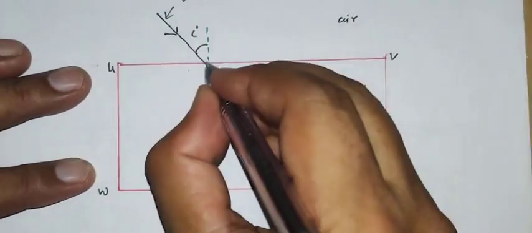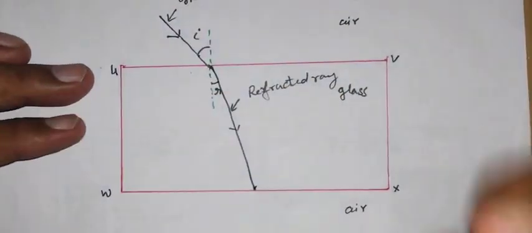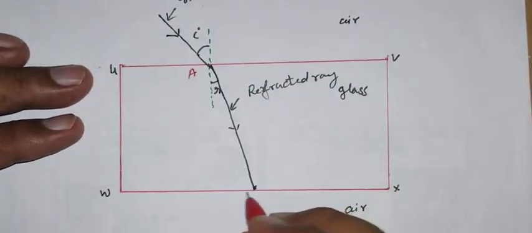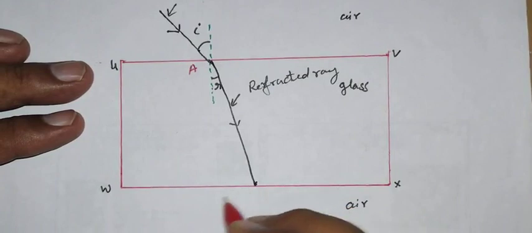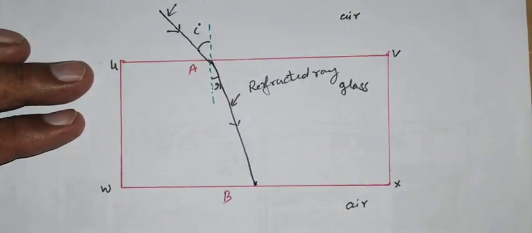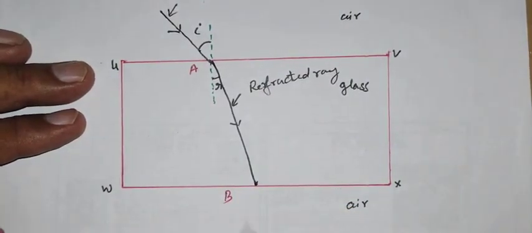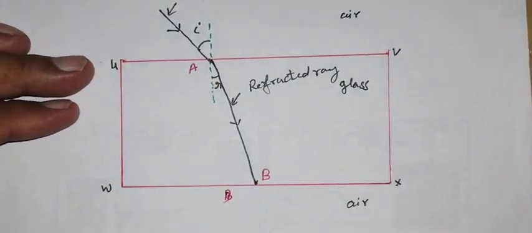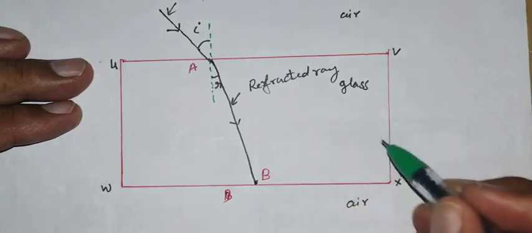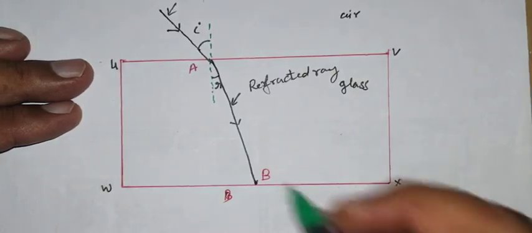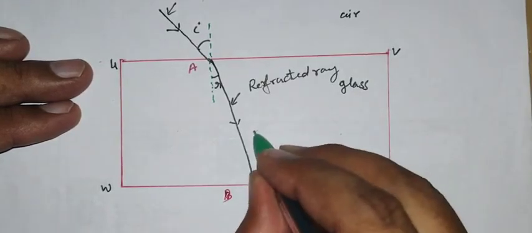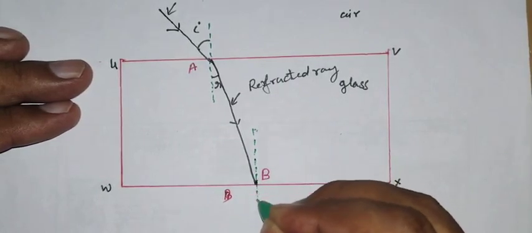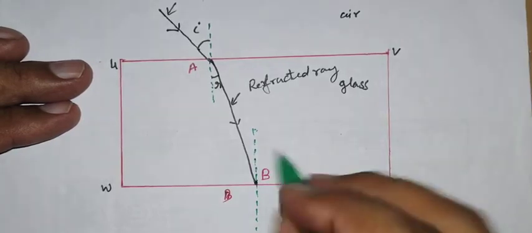Let this point be A, and this is point B. At point B, again the ray of light is moving from glass to air. The phenomenon of refraction takes place here also. So at this point another normal is here.